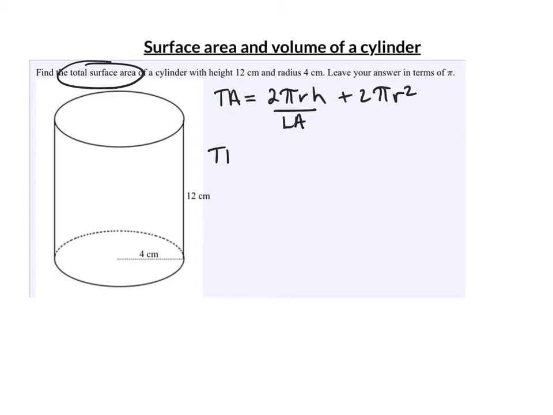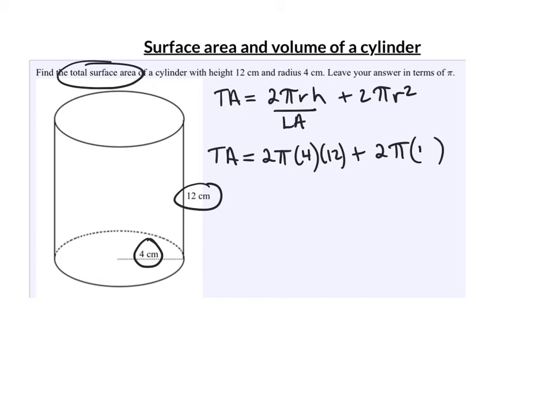So in this question, the total area is 2 pi, the radius is 4, times the height is 12, plus two circles, 2 pi times the radius 4 squared.